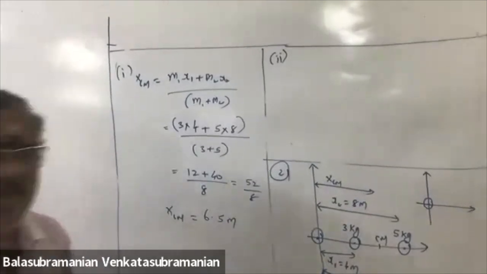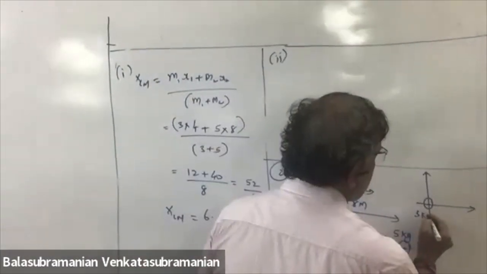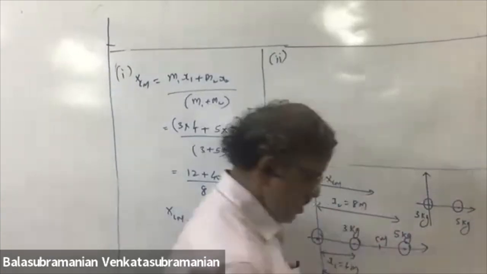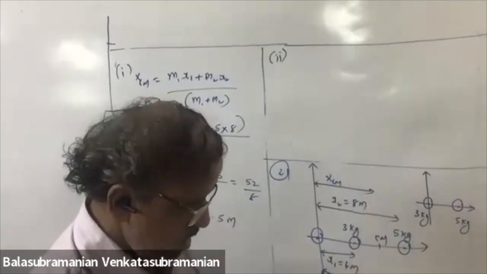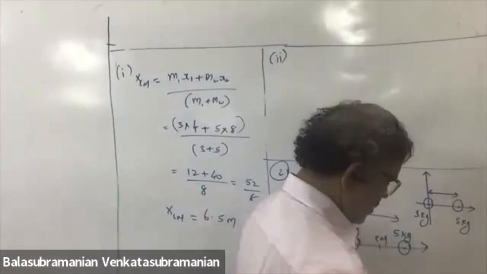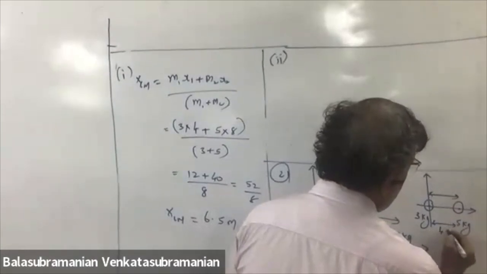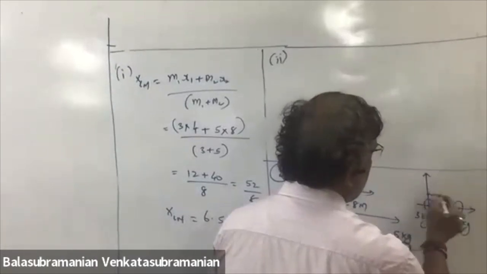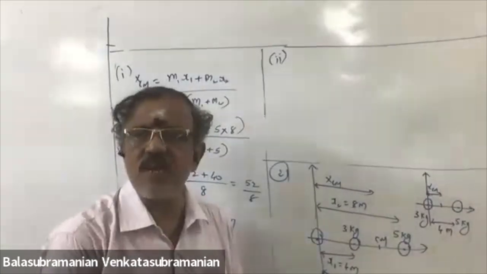So we cannot do like that. The 3 kg mass is situated here, the 5 kg mass is situated here. What is the distance? This is 4 meters. Center of mass is here. So take this as x dash cm. That x dash cm only we have to calculate.